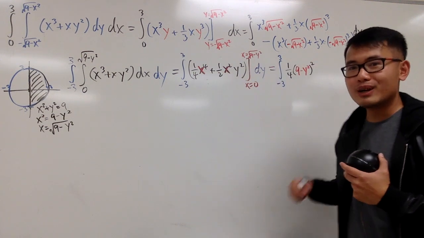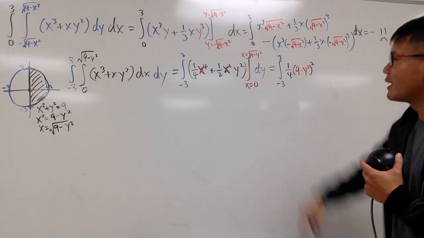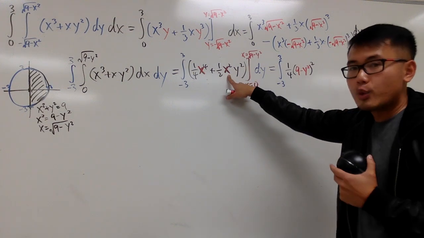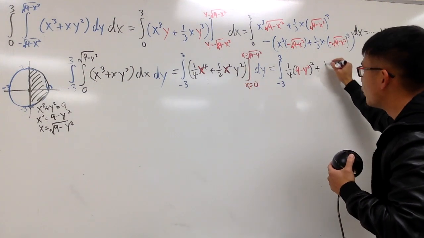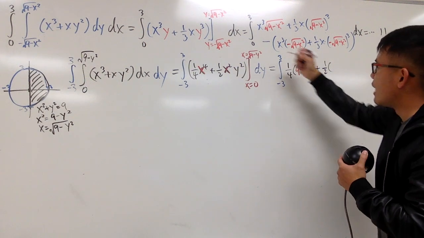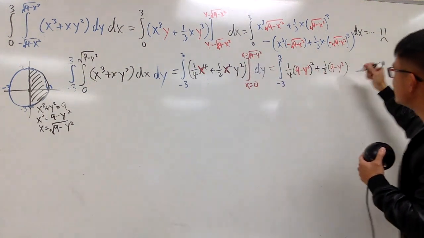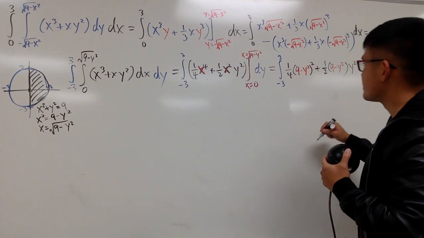Square root and then fourth power cancel each other out, and we end up with just the second power, right? Anyway, plugging this right here, square and square root cancel each other out completely. So we have plus 1/2, and just the parentheses now, 9 minus y squared, and then we still have this y squared, and that's pretty much it, right?